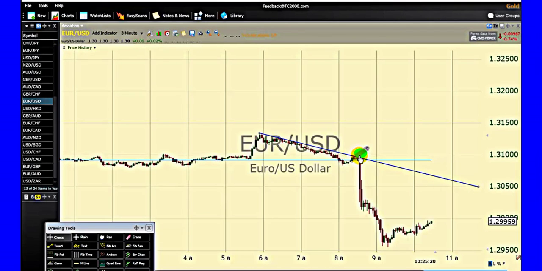So the movement of the euro is in the opposite direction to the movement of the USD yen, because the USD yen was going up before the economy news, and just as the news is about to be released, the USD yen will start going down. But the euro was going down, and when the news is about to be released, it starts going up a bit before changing direction big time.